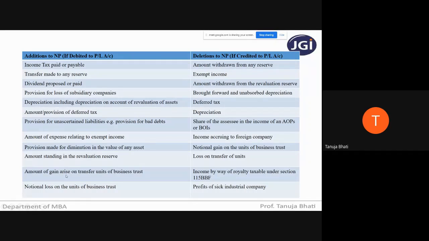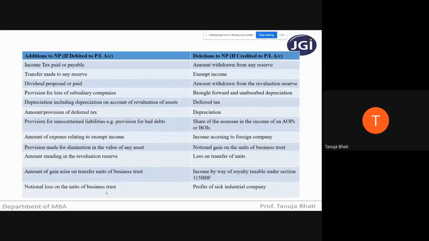Next, amount of gain arising on transfer of units of a business trust. If any units of a business trust are transferred and any gain is arising, it has to be added back to the net profit in order to compute the book profit.